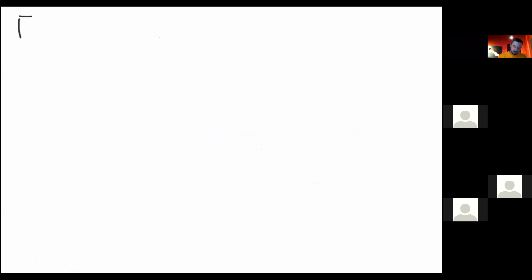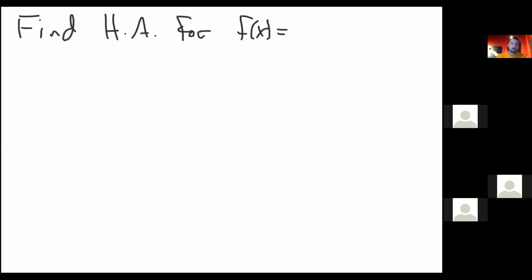So we're wanting to find the horizontal asymptote for f of x, which was that 2x cubed plus x minus 1 all over 6x cubed minus 11x squared minus 13. So I need to figure out what is the degree of what's on top and the degree of what is on bottom.